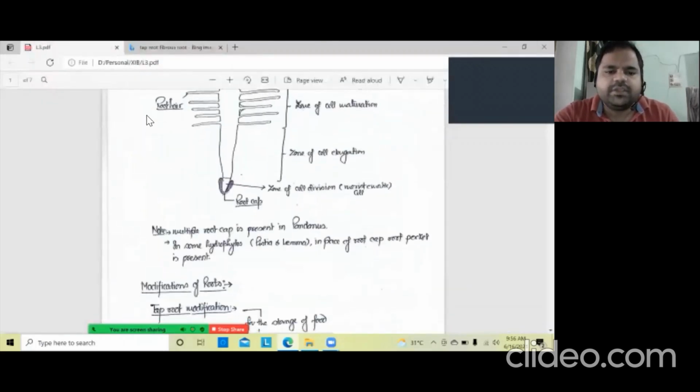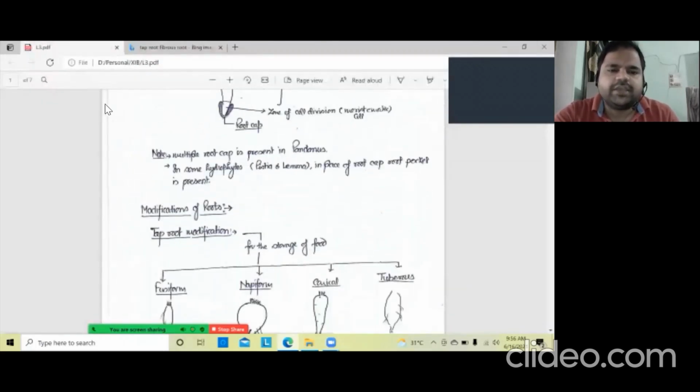Now we will see some facts, such as multiple root caps being present in Pandanus. These are very important points as far as competitive examinations are concerned. The second point is, in some hydrophytes such as Pistia and Lemna, in place of a root cap, a root pocket is present. In some hydrophytes, these root pockets help the plant in floating, meaning they provide buoyancy to the plants.